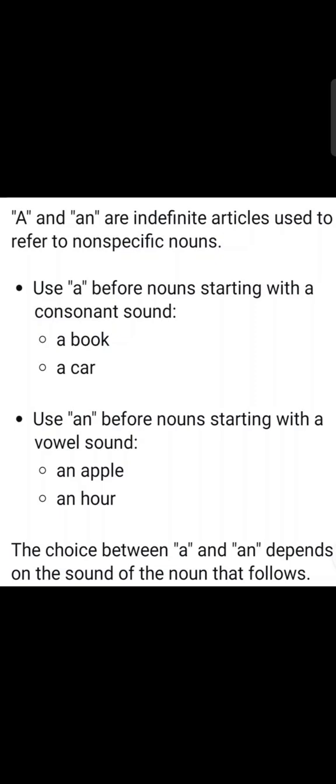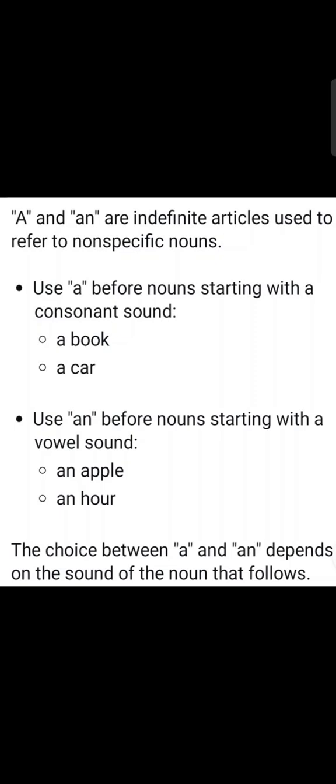So see, if there is a word book, and another word car, the first letter of book is a consonant letter. Again, in the second word, car, the first letter is C, that is consonant.